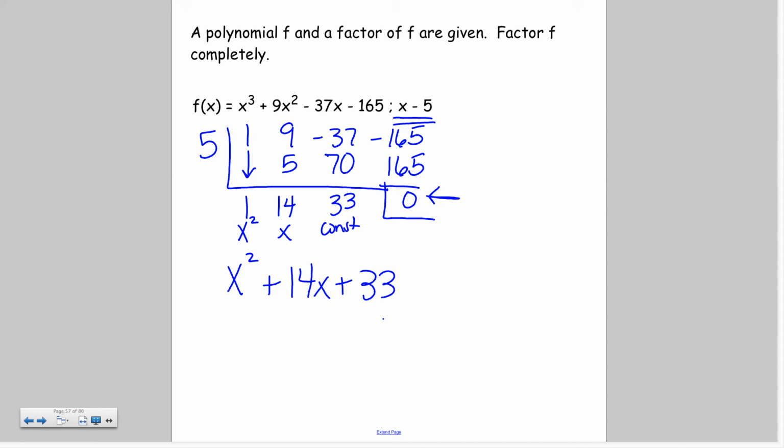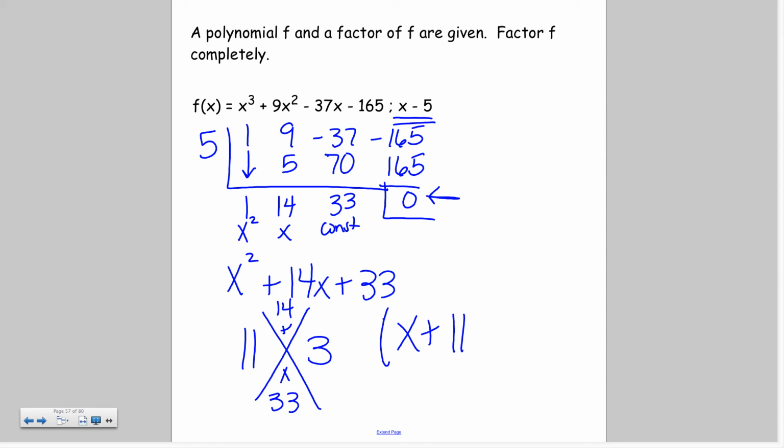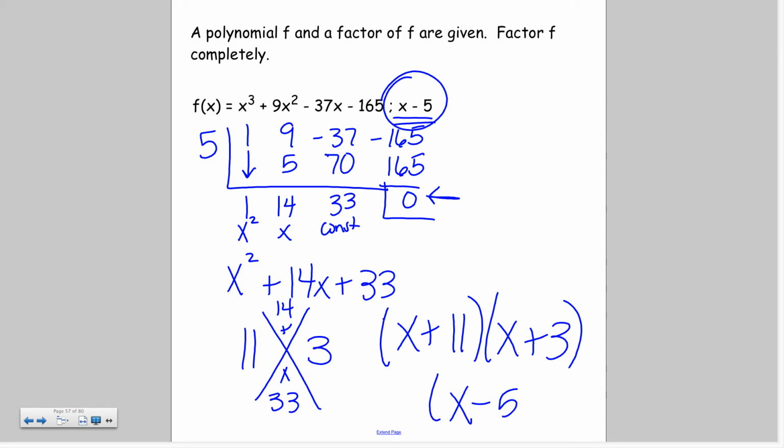Or, so multiply to get 33. Add to get 14. Those two numbers would be 11 and 3. So I'll write out my factors. x plus 11, x plus 3. And I cannot forget that one. x minus 5. Those are my 3 factors.